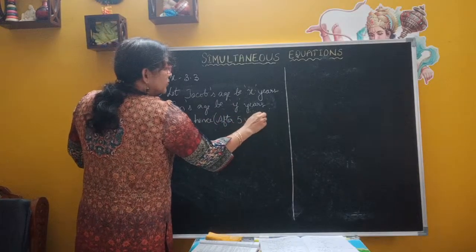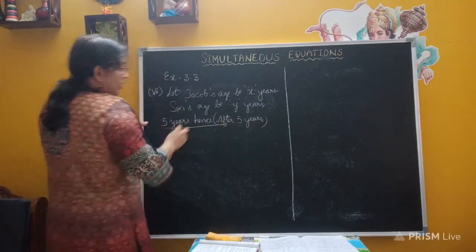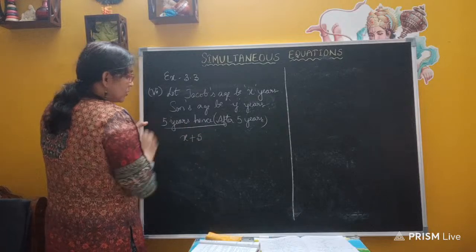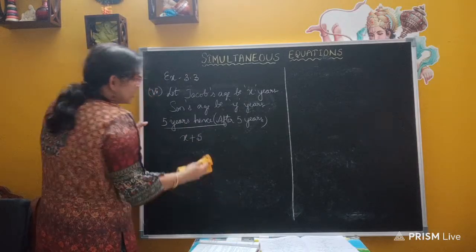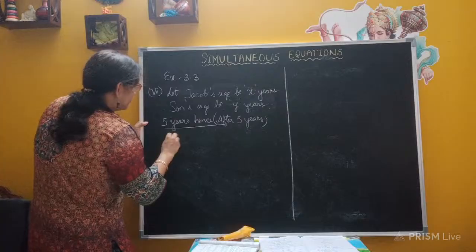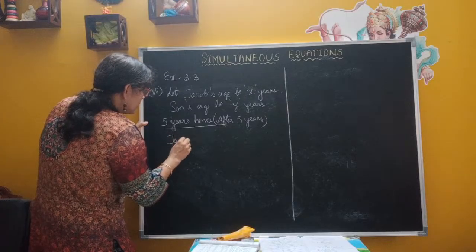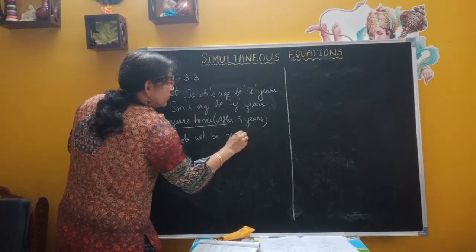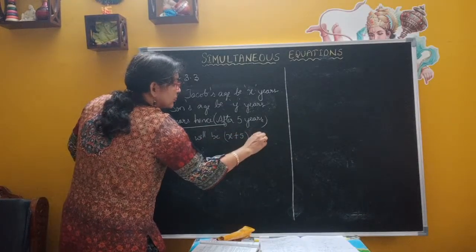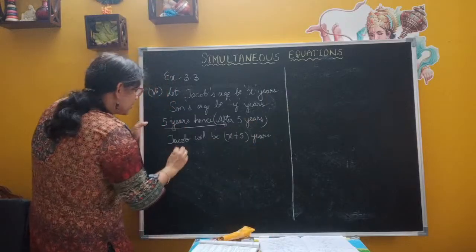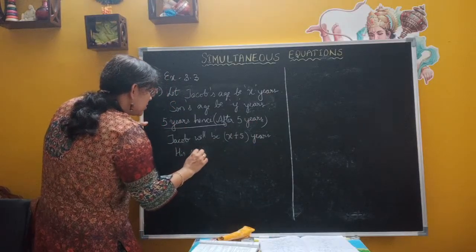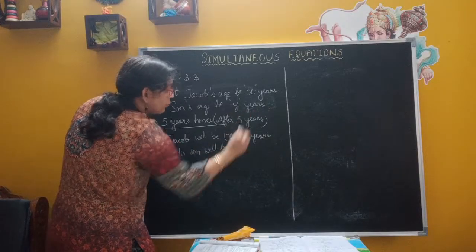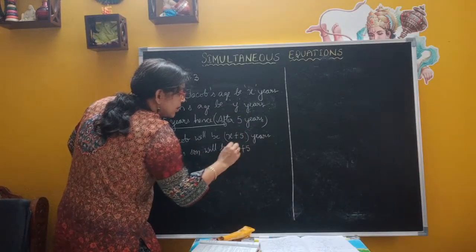After 5 years, Jacob's age would be how much here? x plus 5 years. Jacob will be x plus 5 years, and his son will be y plus 5 years.